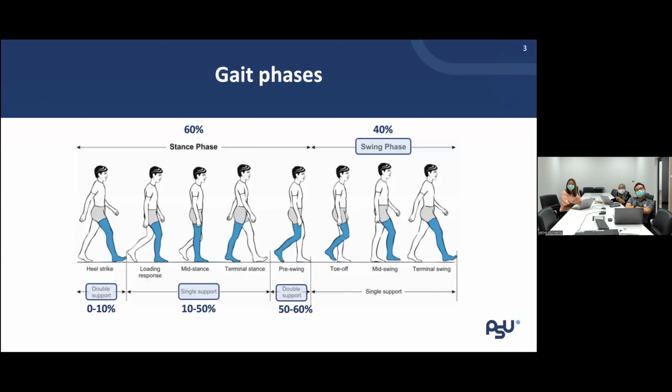I will compare in each gait phase. In the stance phase, I look at first double support, single support, and second double support, and then the swing phase. So that means I look at subphases of the gait cycle.